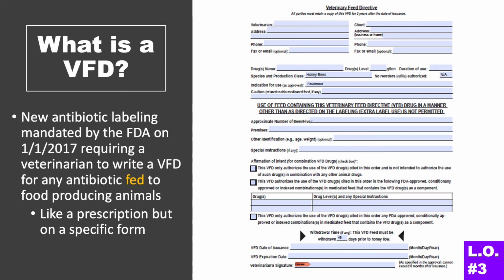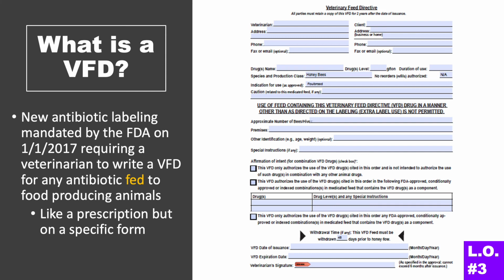And then how many hives will be treated, where the hives are located, and then the instructions for administration, as well as how long the withdrawal period is following the end of the feeding of the medication.